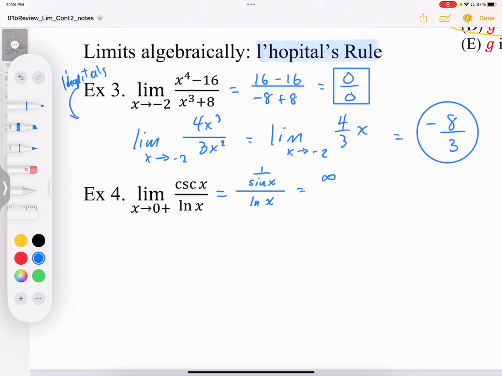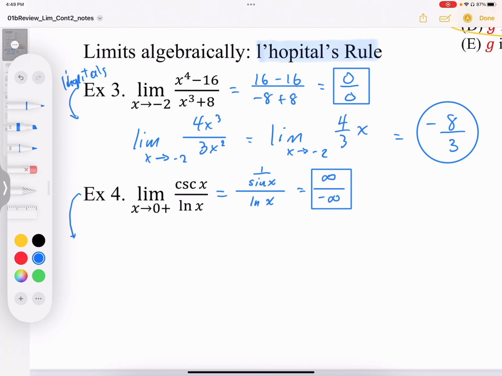So 1 over sine becomes positive infinity. Log x, as we approach the y-axis, goes down the vertical asymptote, so it becomes negative infinity. And so we have the condition to use L'Hopital.